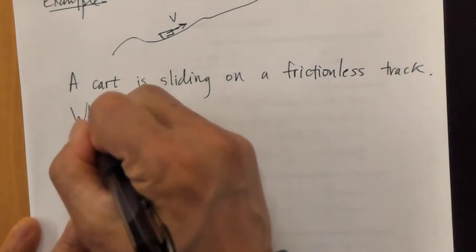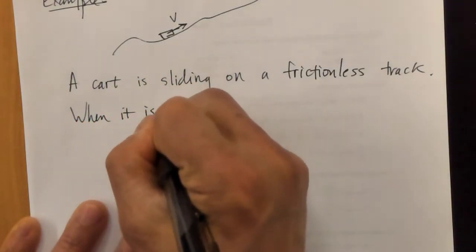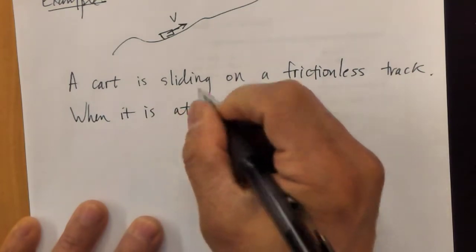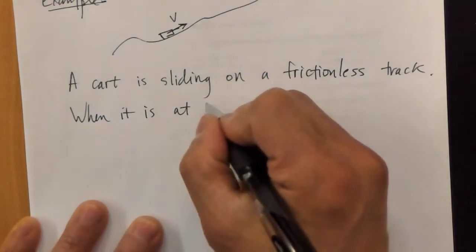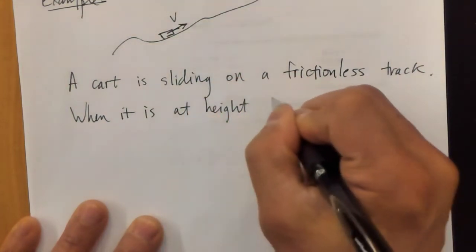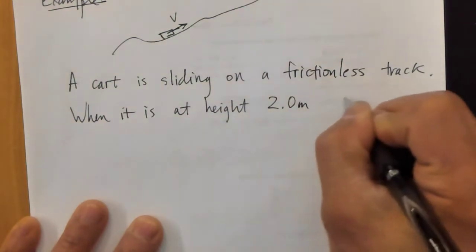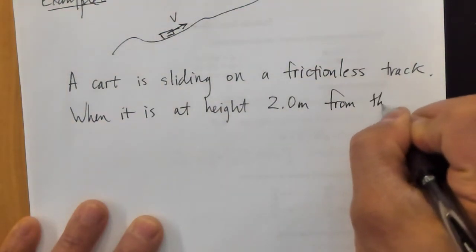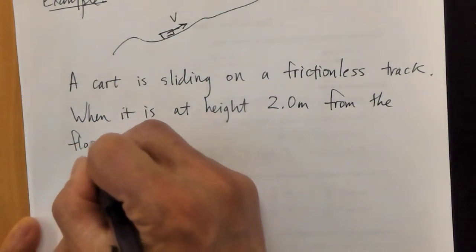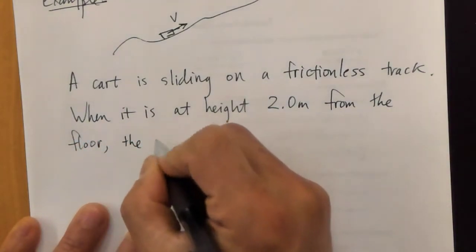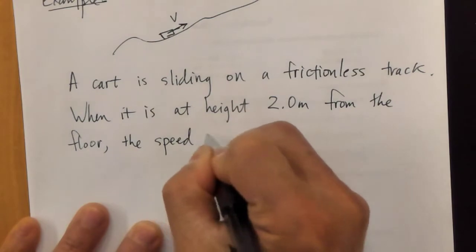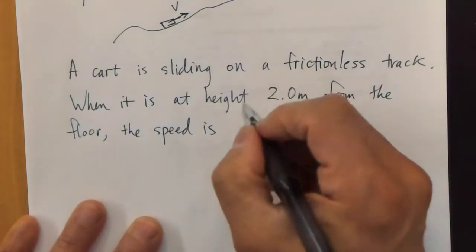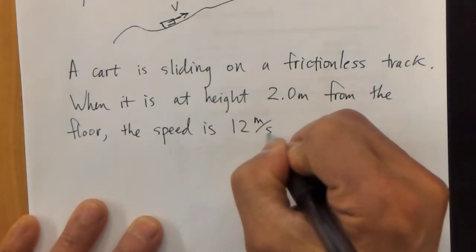And when it is at height 2.0 meters from the floor, the speed is 12 meters per second.